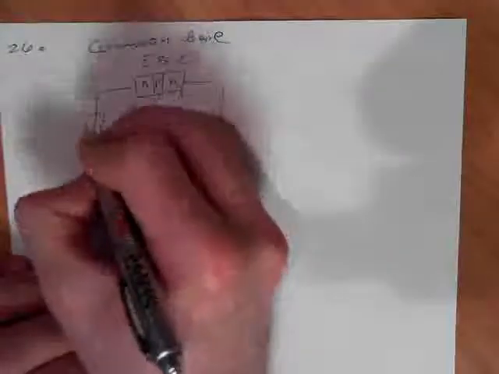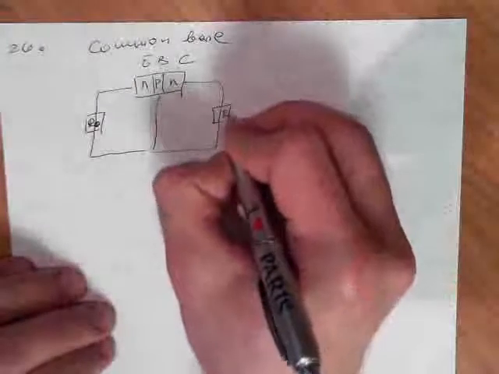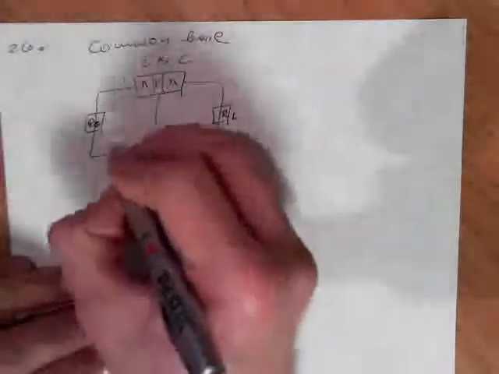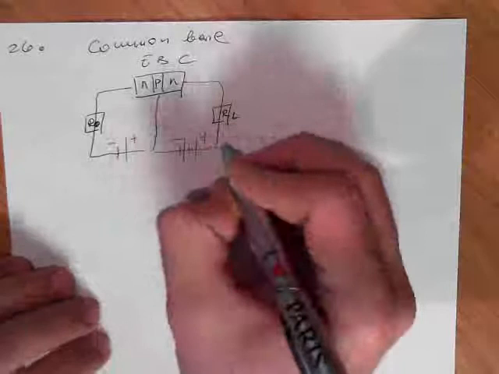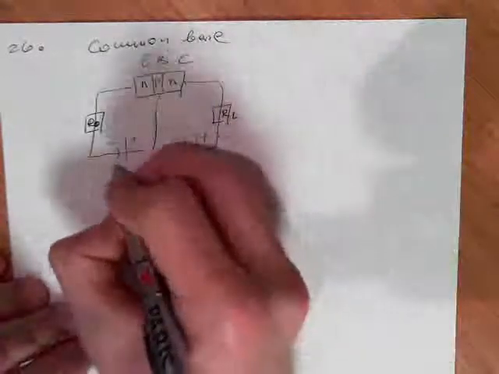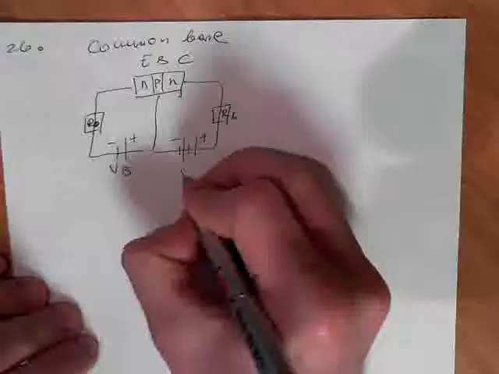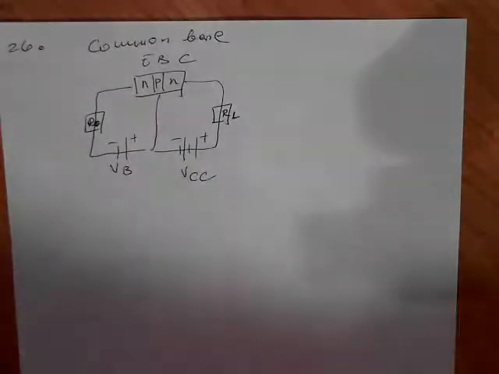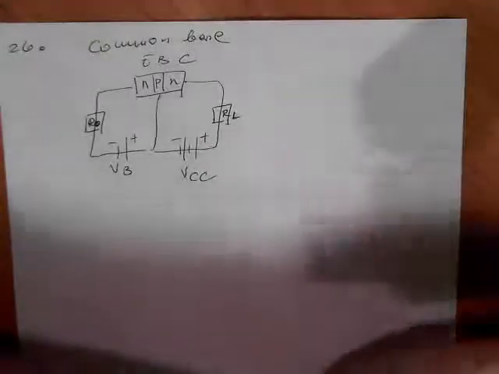So this was R0, this was RL, the load resistance, this is the resistance at the emitter, this is where the voltage supplies, this was VCC.